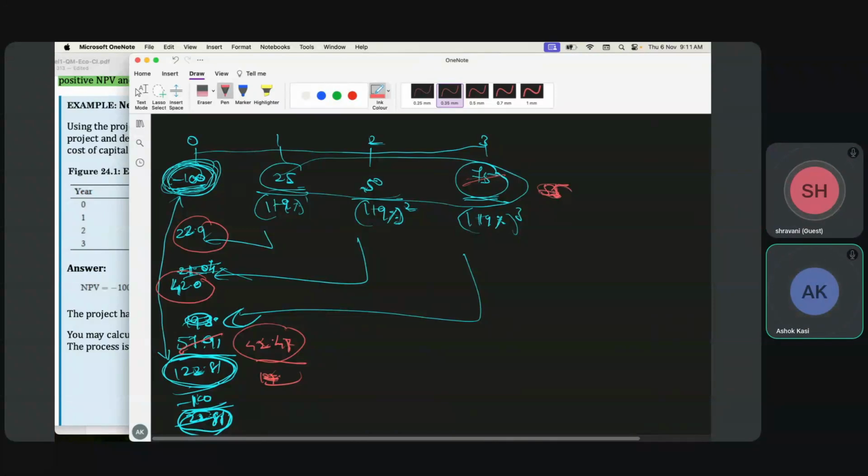So let's say I reduce this to something like 40 rupees. 30.8. Now you add this 1, 2, and 3. Yeah, 95.7. Then I should not take this project. Why? Because 95.7 minus 100, I'm at a loss.